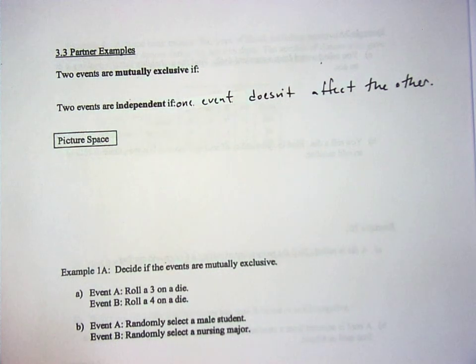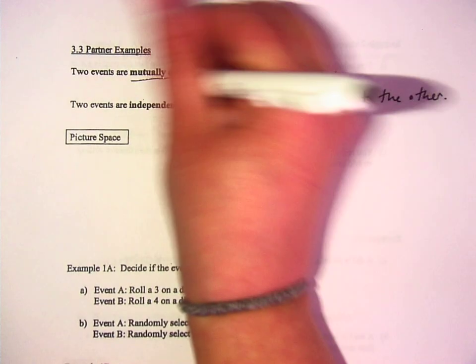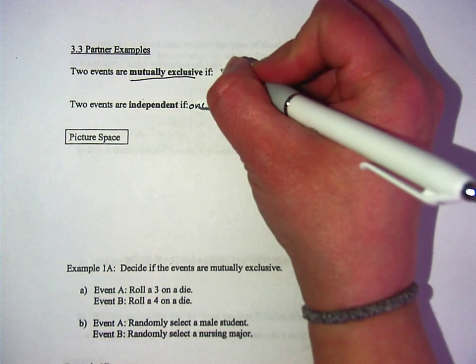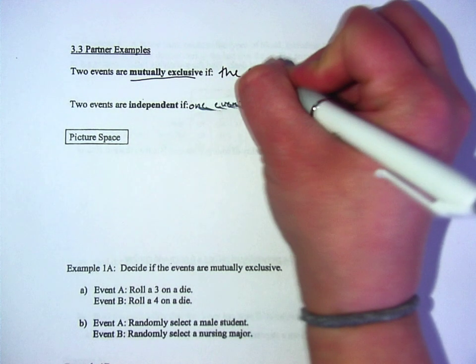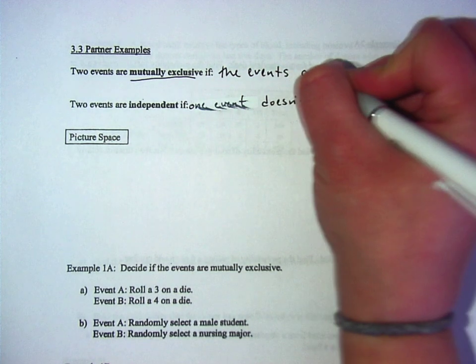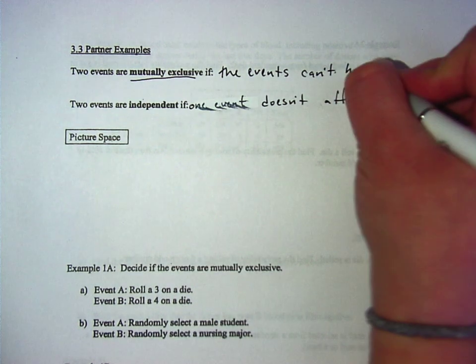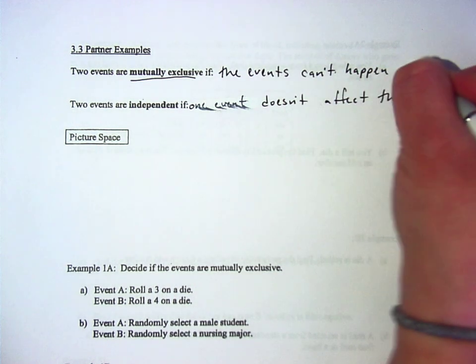Okay. Mutually exclusive, that's a new word for us. And what that means is that the events can't happen at the same time.